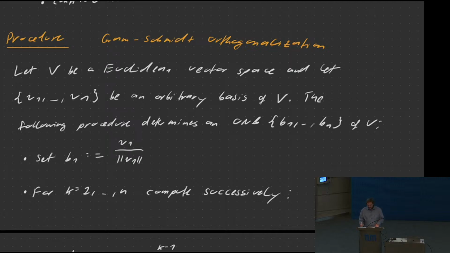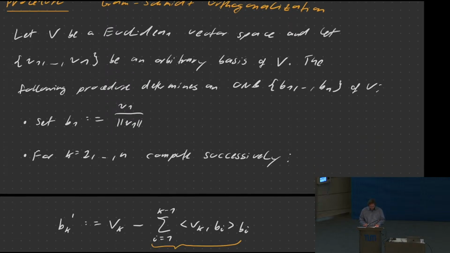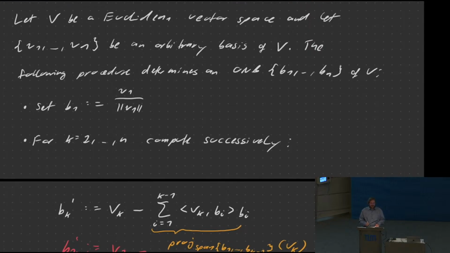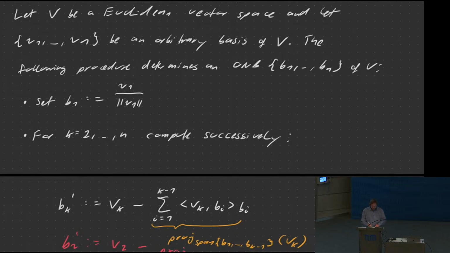And of course, we need a scalar product for that. And Gram-Schmidt's method is then a way to obtain that orthonormal basis. It works in iterations. First, we start with the first basis vector of a given basis, and we just normalize that to start off. So that's our B1.